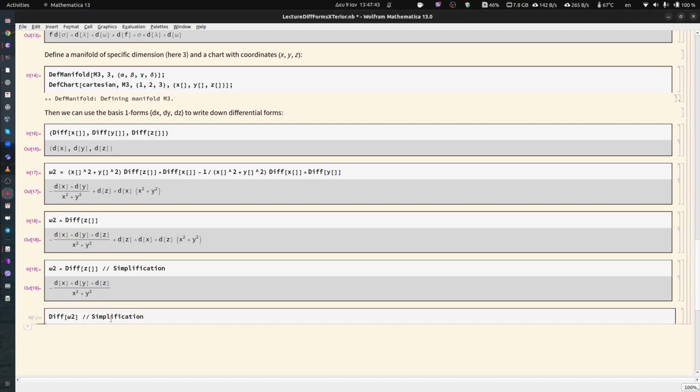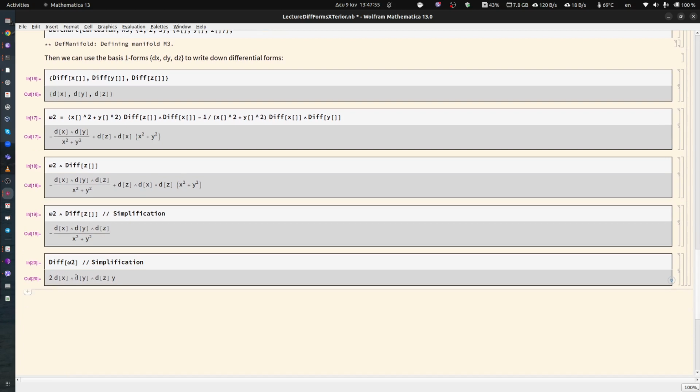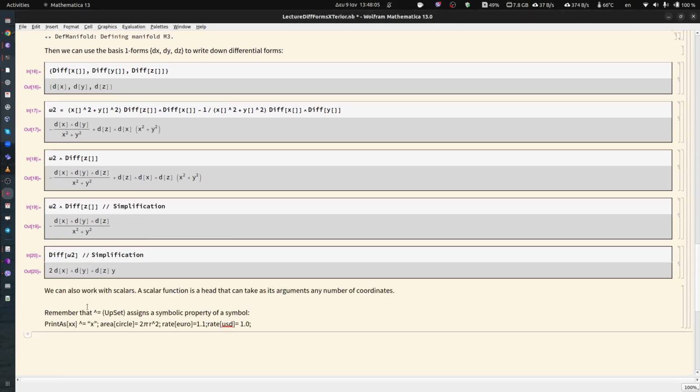Here is another expression that computes the exterior derivative of omega 2. Omega 2 is a 2 form, then its derivative is a 3 form, and of course it is proportional to dx dy dz. The components can be abstract symbols, and we want those abstract symbols to be scalars.